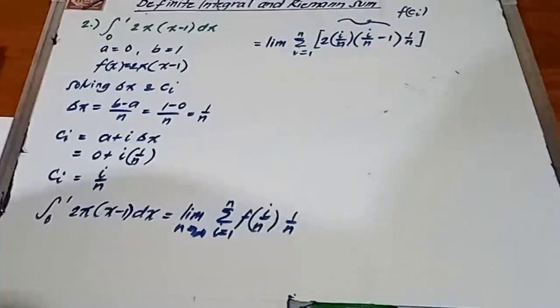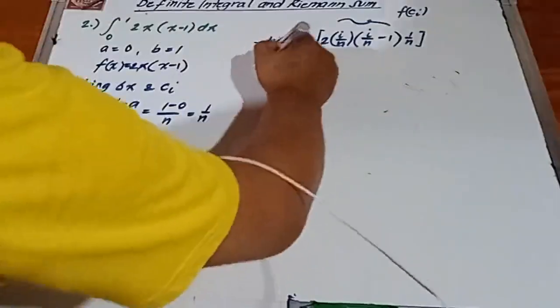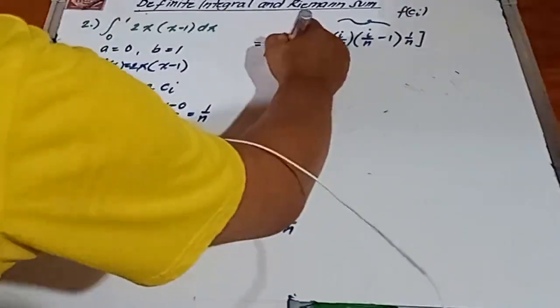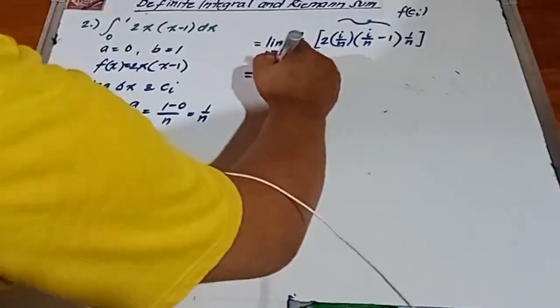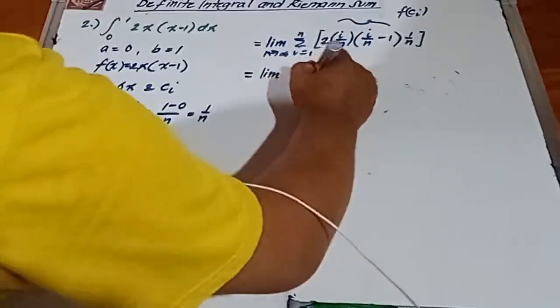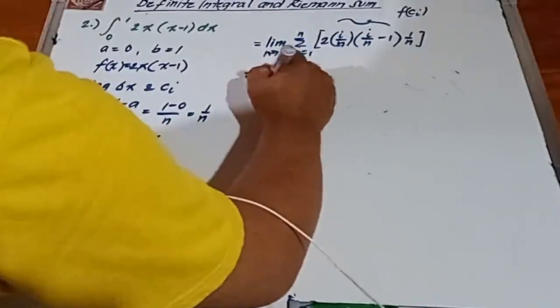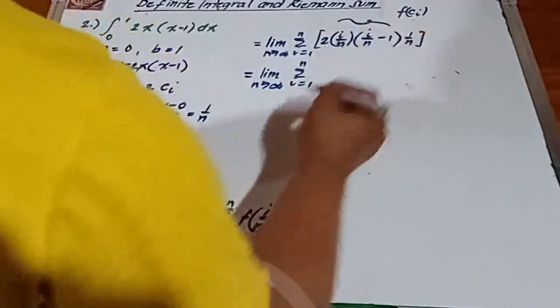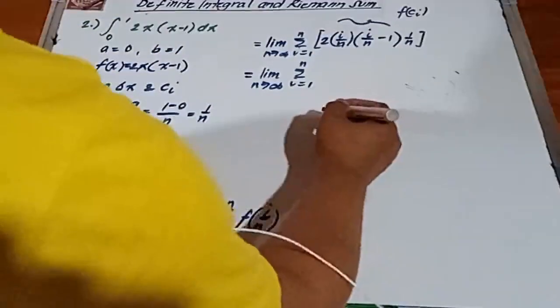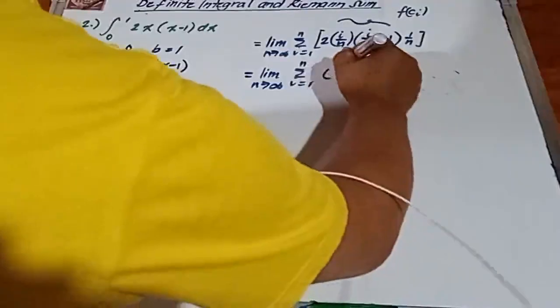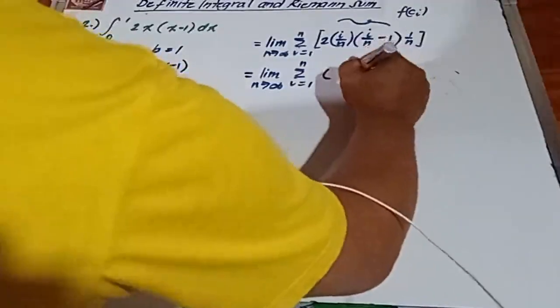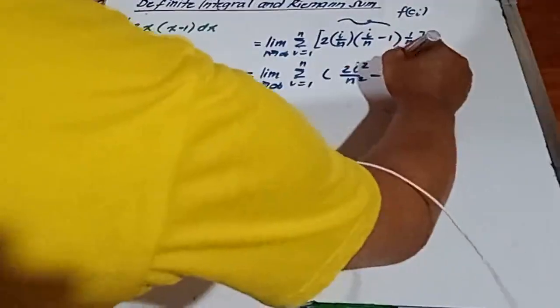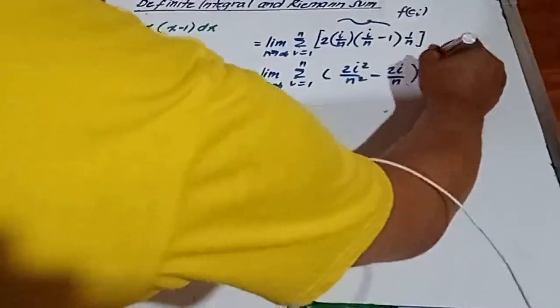Okay? Now, expand natin. Again, n approaches infinity. Limit summation of i equals 1 to n. 2i over n times i over n is 2i squared over n squared. 2i squared over n squared minus 2i over n times 1 over n.